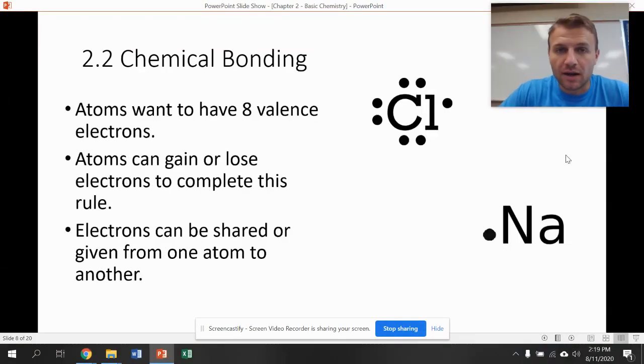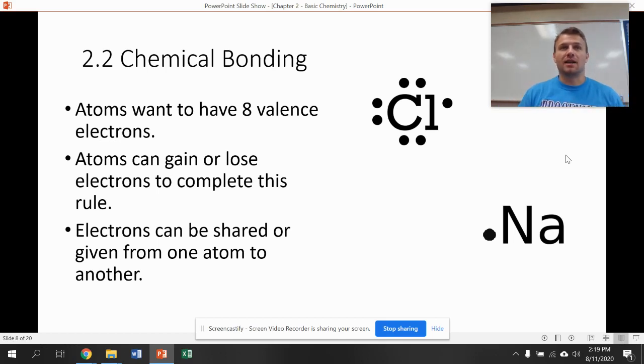To make these compounds and molecules, we have to have atoms of different elements bond together, forming chemical bonds. Now, we're not going to dive deep into why atoms only want 8 valence electrons, but understand that atoms typically only want 8 valence electrons. Valence electrons are the electrons in the outermost shell, and they are what really gives the properties and characteristics to different atoms.